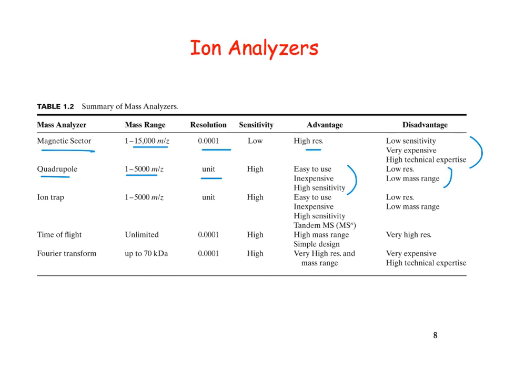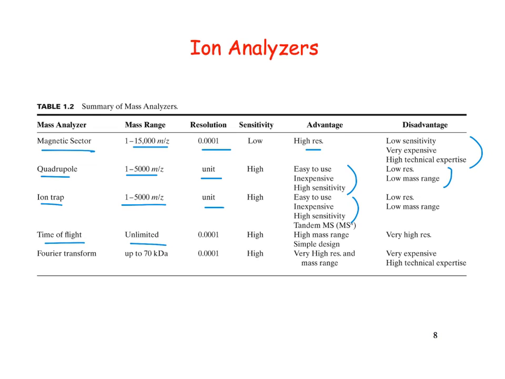Disadvantages: low resolution, low mass range. Okay, the ion trap, same mass range, and this says also just unit resolution, but again, inexpensive, easy to use, that kind of thing. Look at time of flight, it says an unlimited mass range, high resolution, high sensitivity.